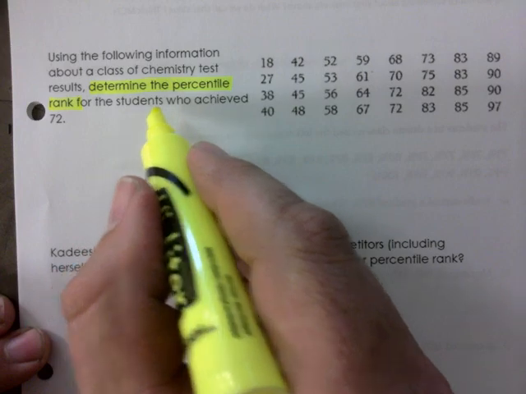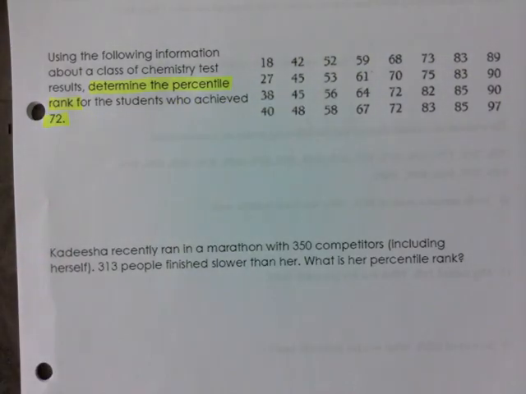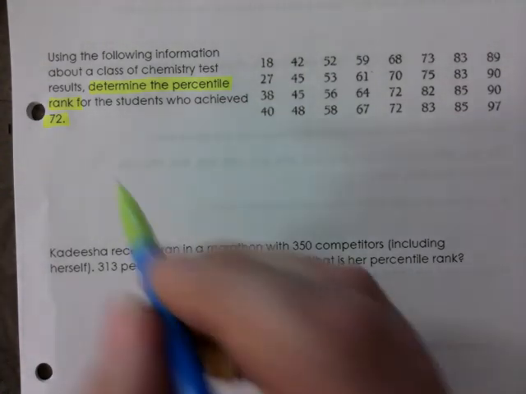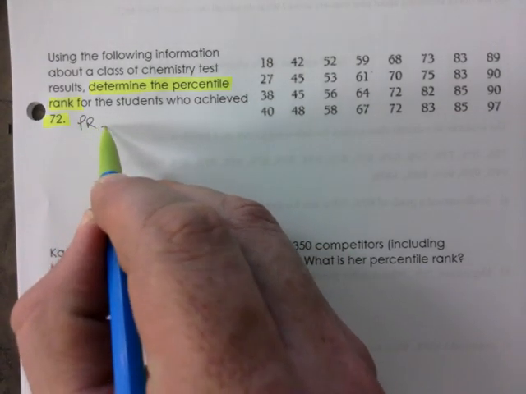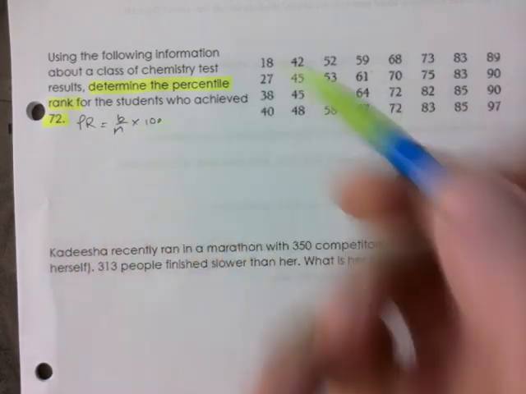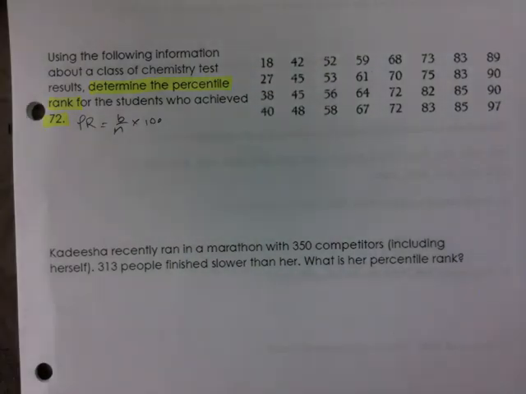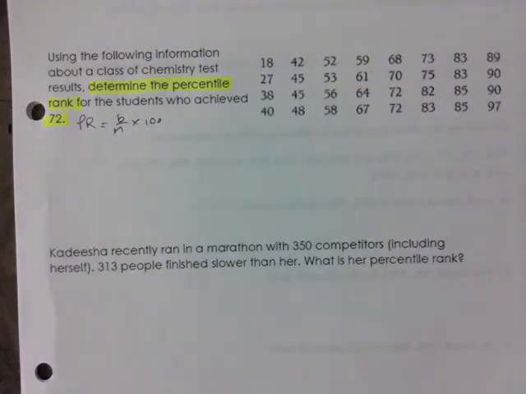For a student who achieved 72. This is actually an old exam question. Would you be able to do it? You should be thinking, oh yeah, that's this one. Yeah, I know how to do that. Figure out B, figure out N, and figure out the percentile ranking right now. Try it before we go home. Don't pack yet.